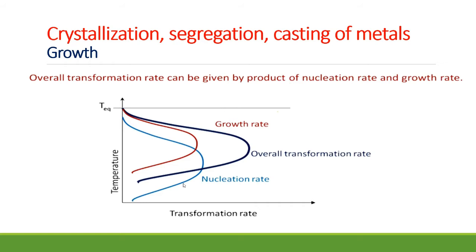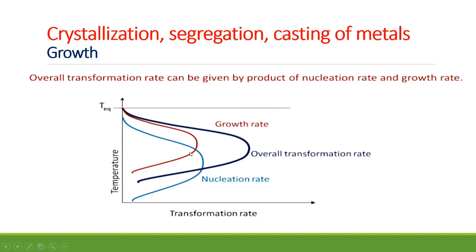So when the temperature goes down, there will be very little diffusion, and hence the nucleation rate will decrease. The same thing will happen with growth. Once nucleation has happened, growth will start, and just like the nucleation rate, it will also increase, and after a certain position it will decrease.